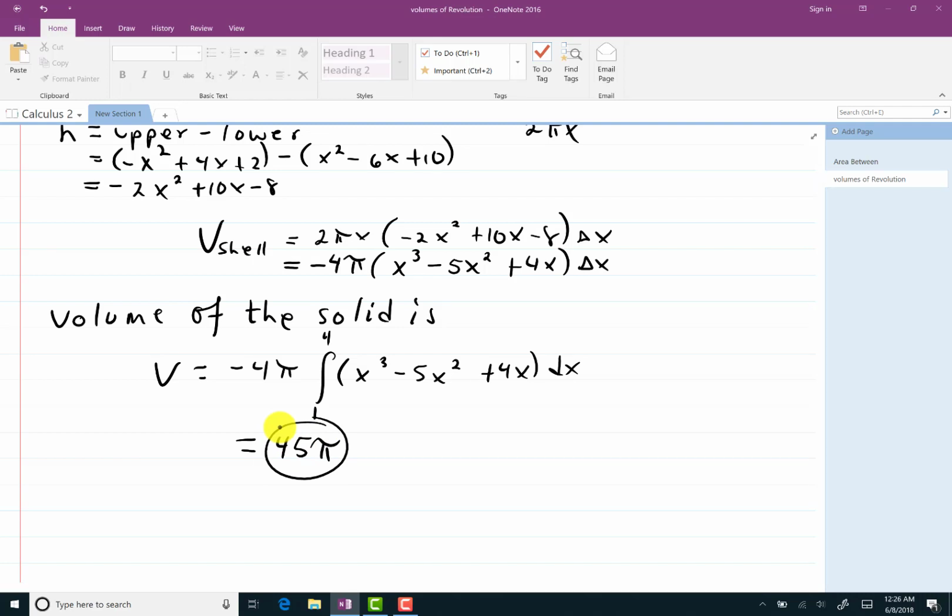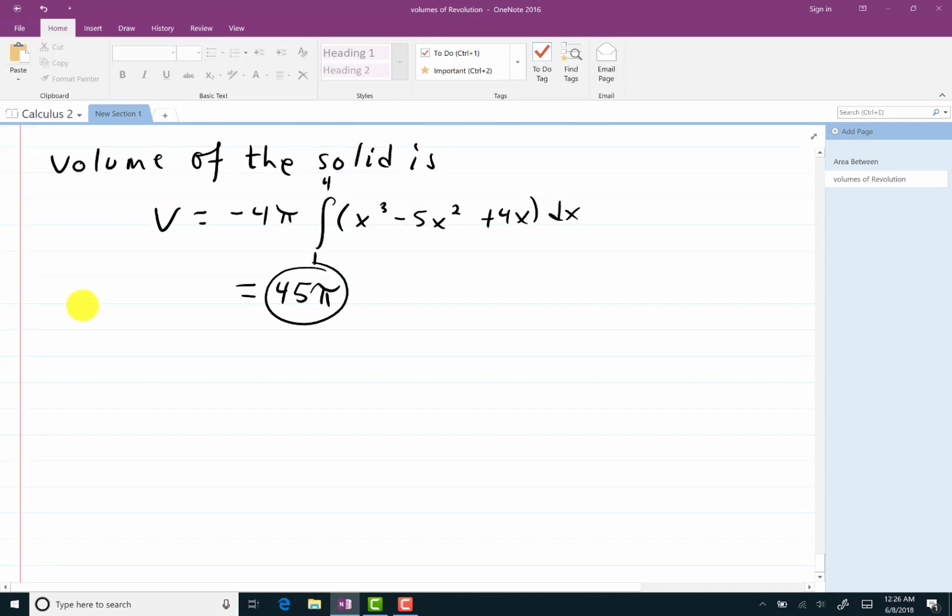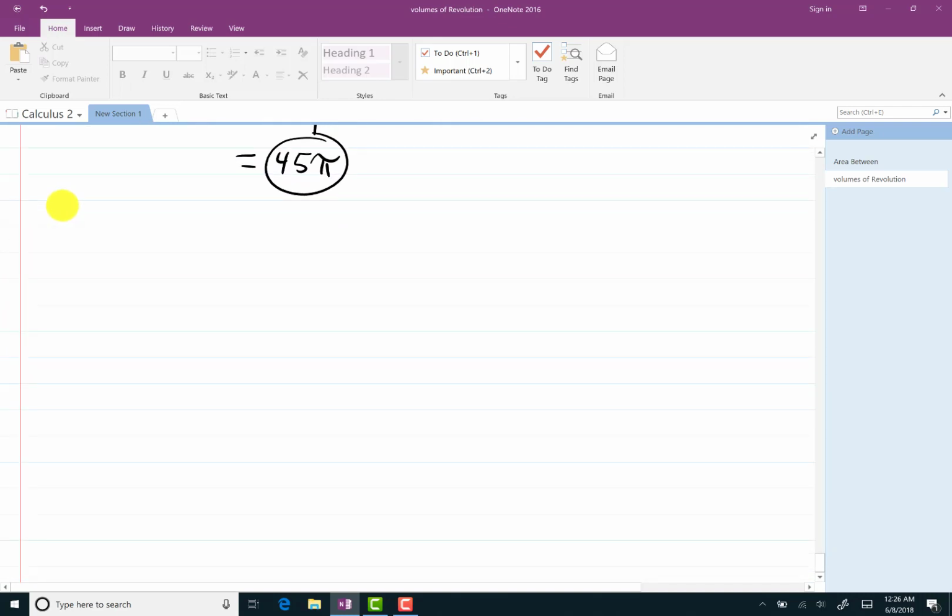Here's an example that lends itself easily to volumes of revolution. And it goes like this.